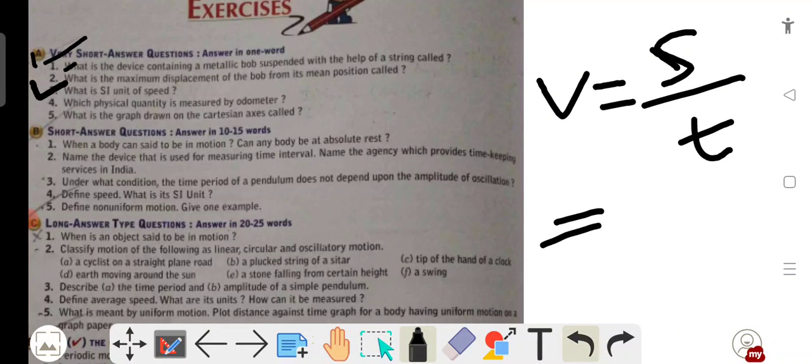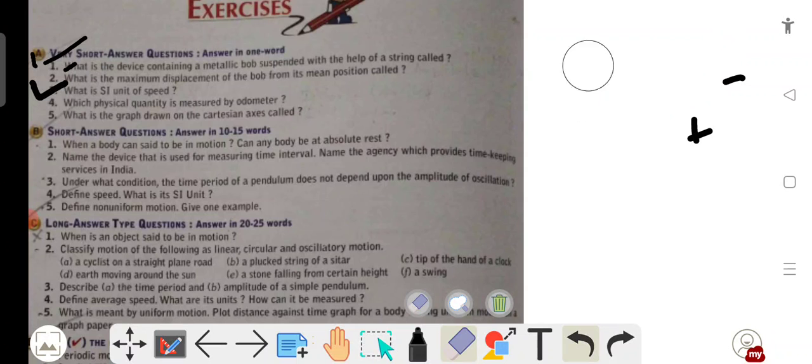So in SI, distance traveled is in meters and time is in seconds. So the unit of speed in SI is meter per second.